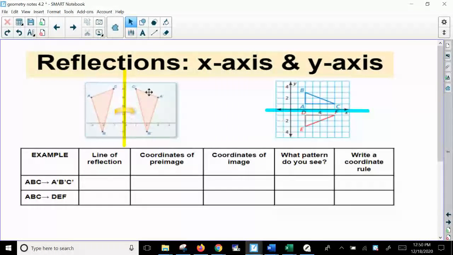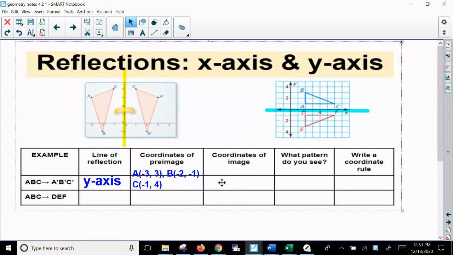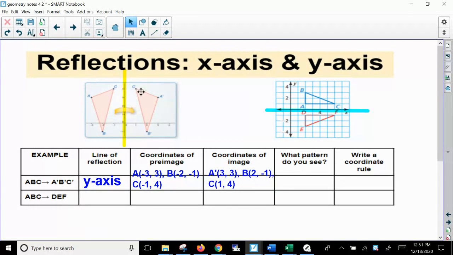So for reflections, this first diagram is a reflection in the y-axis, my mistake. So the triangle on the left is the pre-image, and the line of reflection is the y-axis. The coordinates of the pre-image are as shown, and the coordinates of the image, which is over here, are as shown.